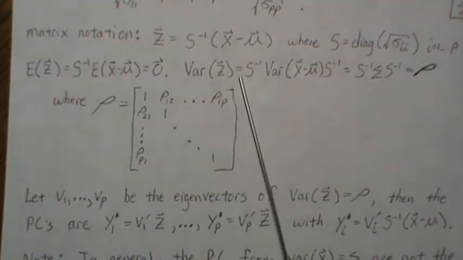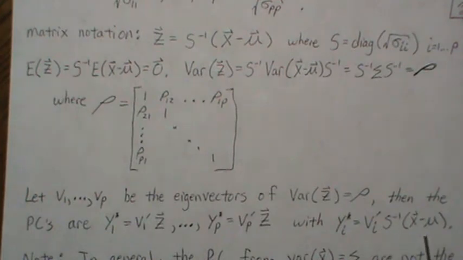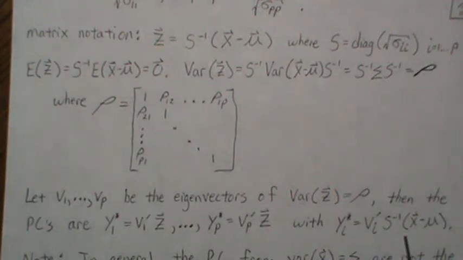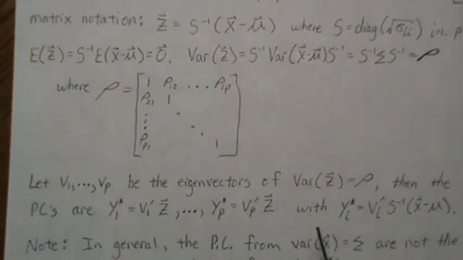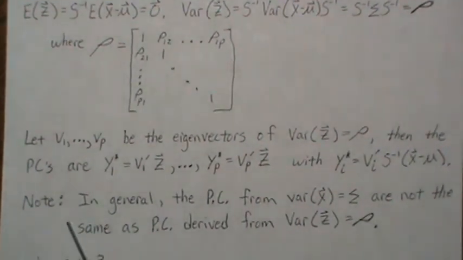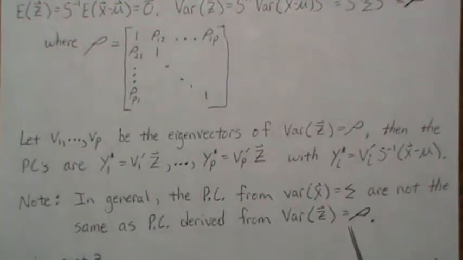Z is technically, in matrix form, this. So we could write the principal component as this, where V is the eigenvector associated with the correlation matrix, rho. And it should be noted that in general, the principal components from sigma are not the same principal components derived from rho.